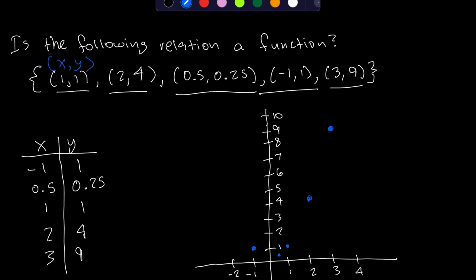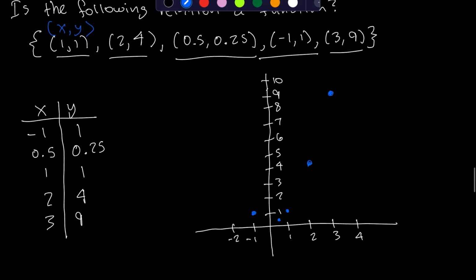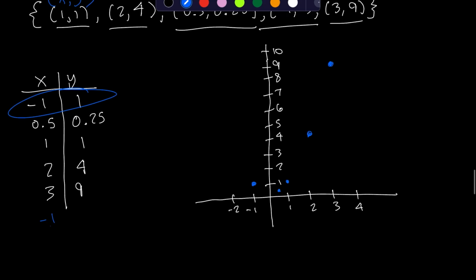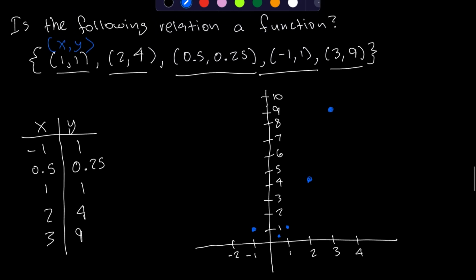So first, let's look at the table. If you notice, we don't see any repeat x values that give us a different y value. For example, if we look at this -1, we don't see -1 again that yields, let's say, 2. That's a good way to determine if a relation is a function when you see a table.